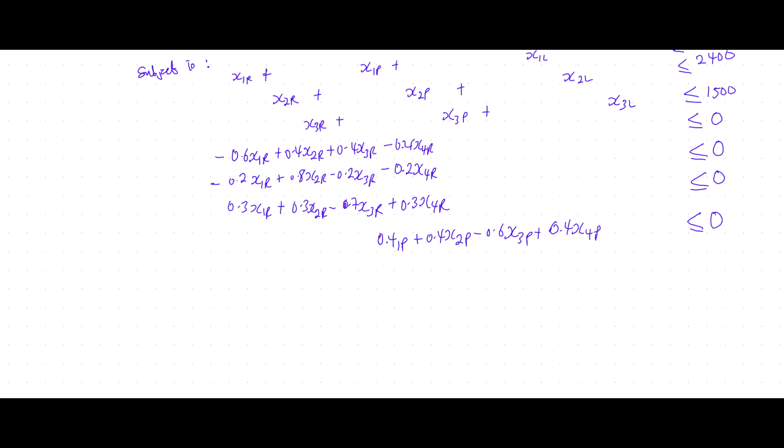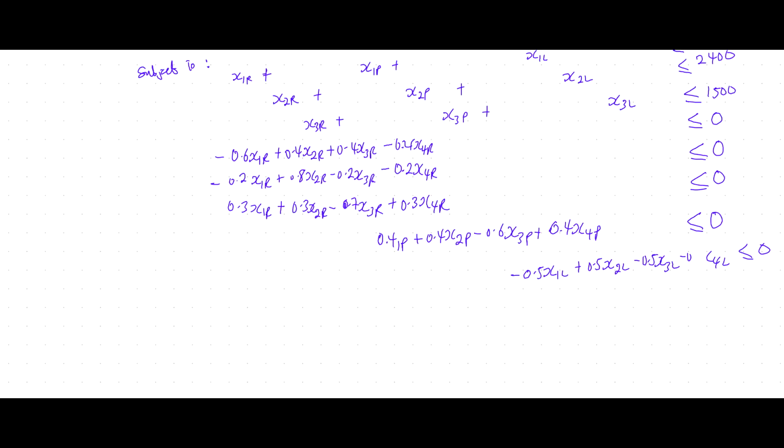So it's negative 0.5 x1L plus 0.5 x2L minus 0.5 x3L, then minus 0.5 x4L less than or equal to 0.